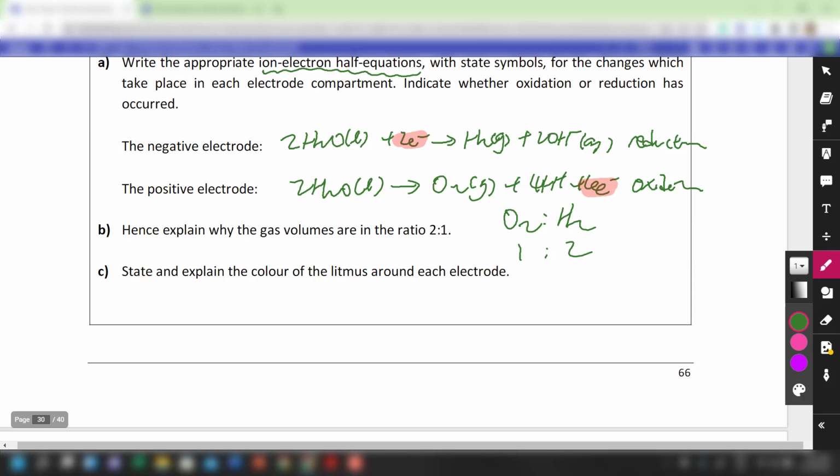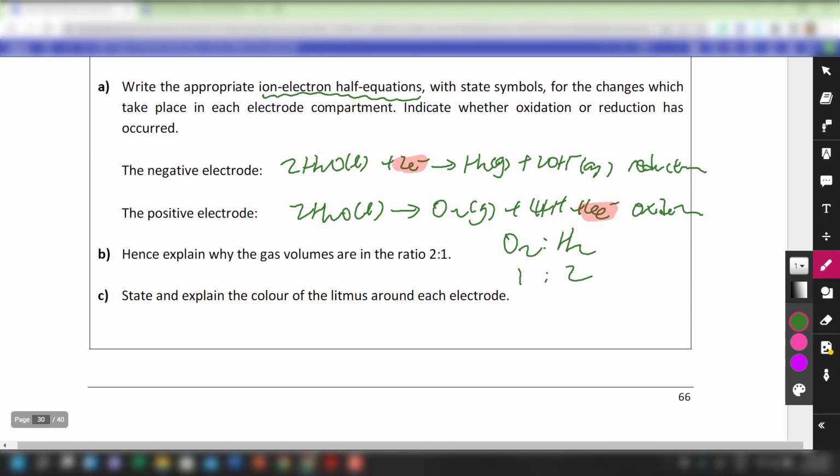Another way you can look at it is by adding the two half equations up and balancing the equation, but you don't get a very good conceptual understanding from that. A better conceptual understanding is to see the battery as whatever electrons I give to the cathode, I must balance by abstracting the same amount of electrons from the anode.